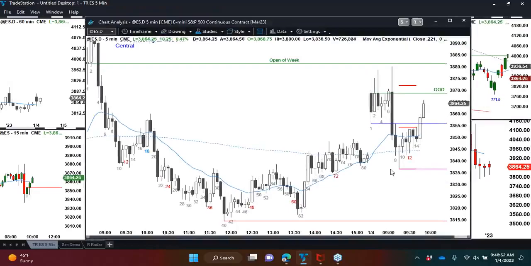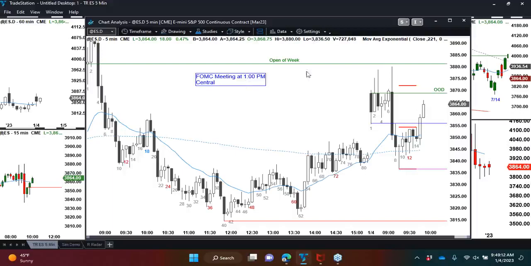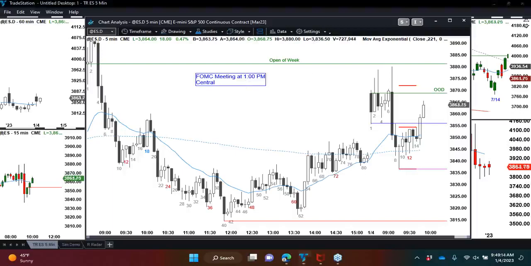Again, like I've said a couple times, I like high probability trades. That is my preference. So if we're trying to get to the open of the day, trying to get up to here, one target is also the open of the week. Let me put my reminder that the FOMC meeting is today.